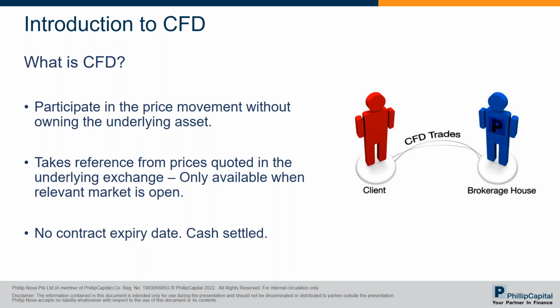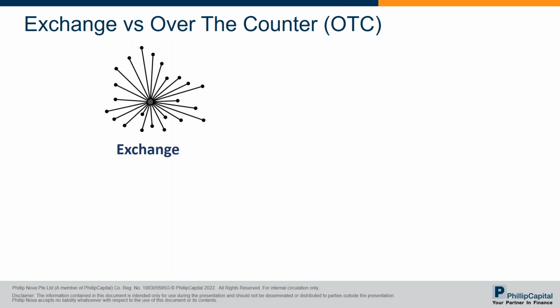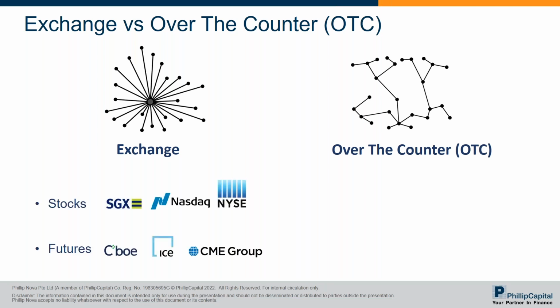Briefly, I'll go through the differences between CFD and futures. To get to the nature of CFD, we also need to know the difference between something that is traded on exchange and something that is traded over the counter. On one end is exchange traded, on the other end is over the counter. Exchange traded is pretty straightforward: things like stocks and futures.